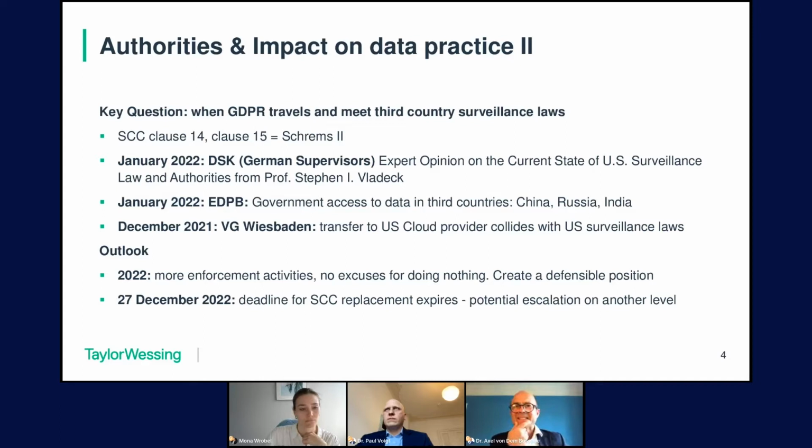But in the end, you come to a point where there's really the key question: are the foreign surveillance laws like FISA 702 or Executive Order 12333, in this very matter, for this very data importer, compliant with the GDPR, yes or no?